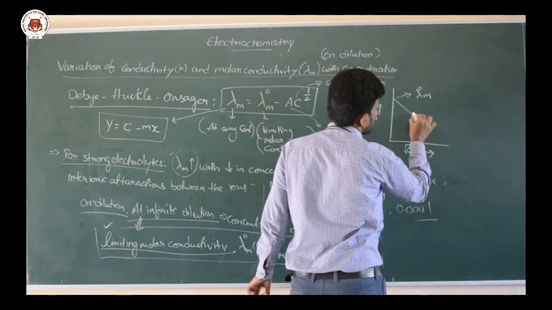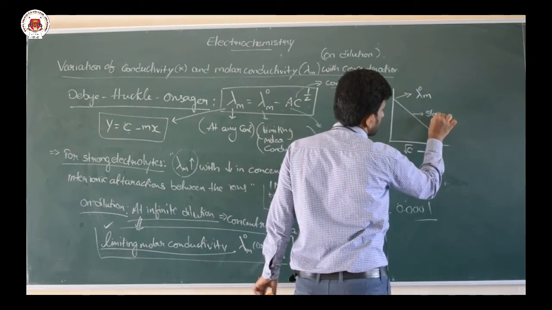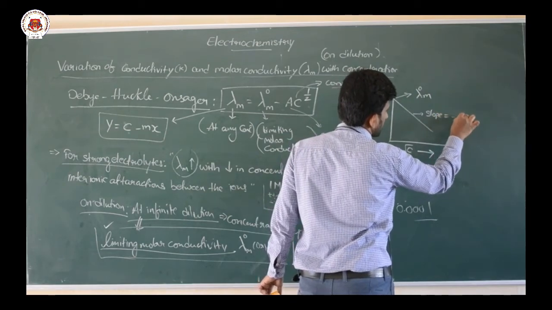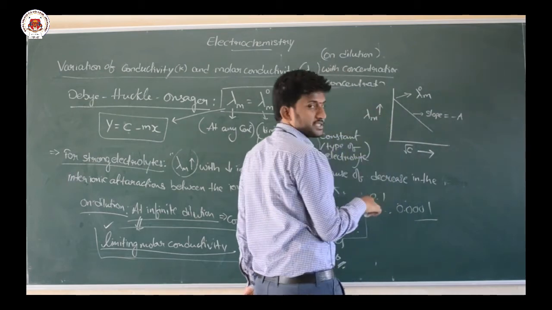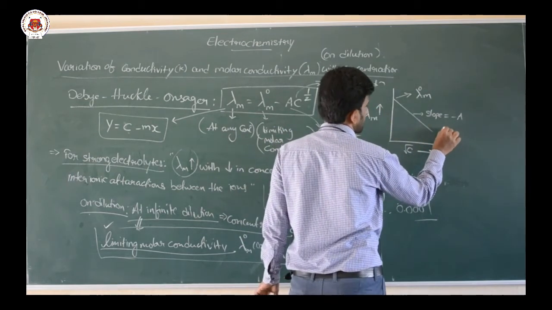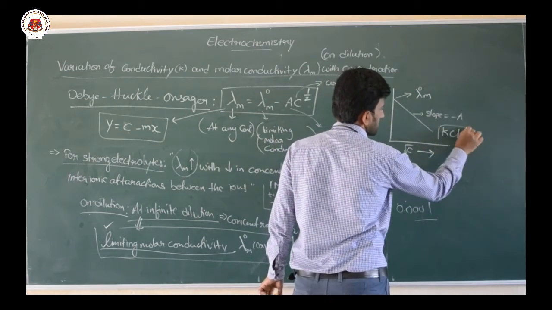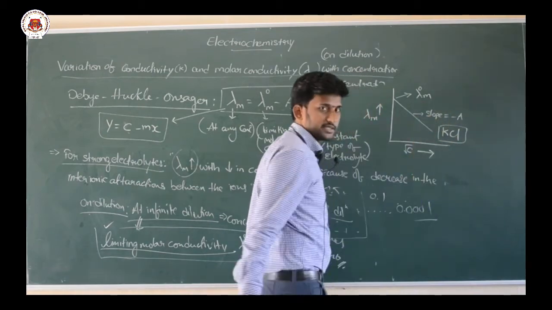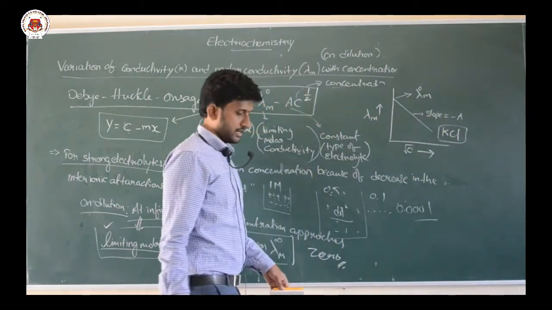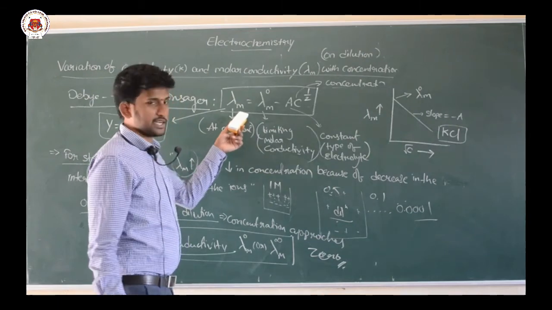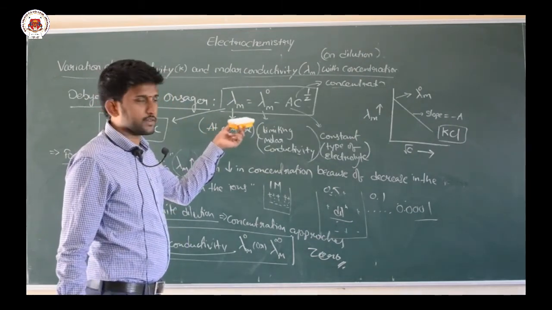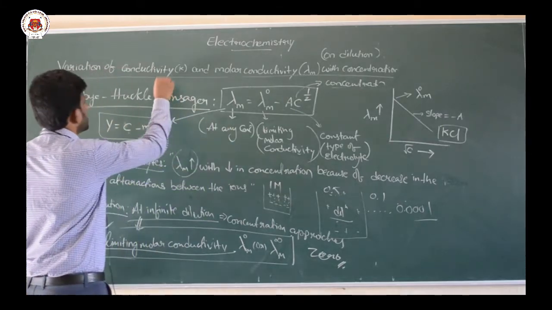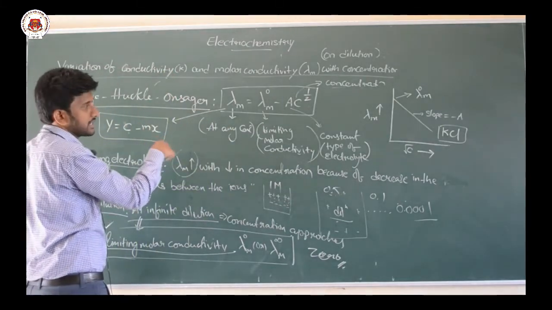Slope is negative, that is minus A, and this is how it is represented for strong electrolytes, for example KCl. So, that is the graphical way of representing the effect of concentration on the molar conductance of solutions.